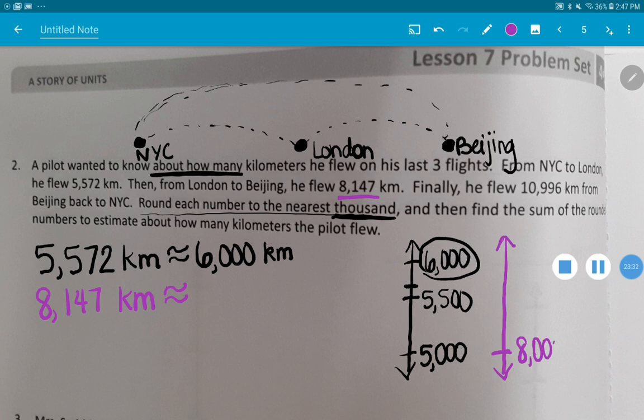What's 1,000 more? 9,000. It's halfway in between, 8,500. Where does 8,147 go? Just a little more than 8,000. It's 147 more, so somewhere about here. So is that closer to 8,000 or closer to 9,000? Closer to 8,000.